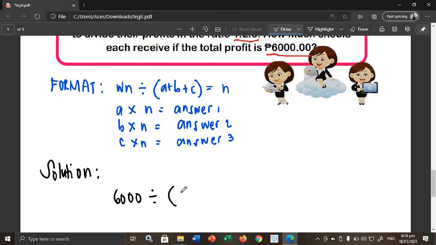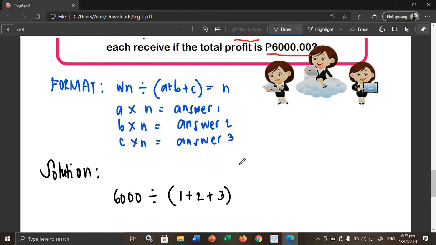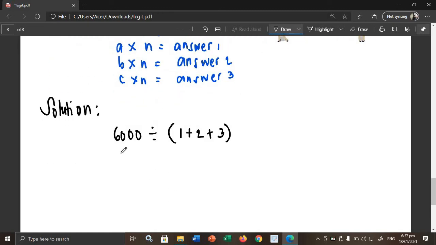That is your ratio, 1:2:3. You need to add those numbers. 1 plus 2 plus 3. Okay, solving natin yung n. 6,000 divided by the sum of 1, 2, and 3, that will be equal to 6. So, 6,000 divided by 6, n is equal to 1,000.